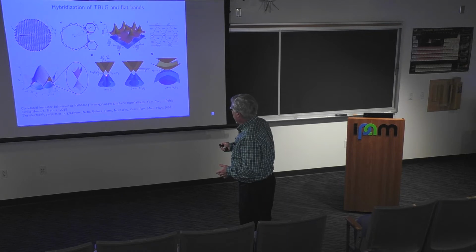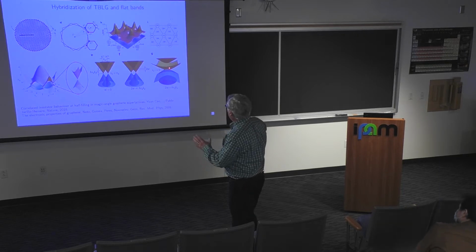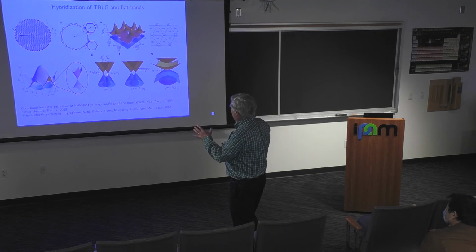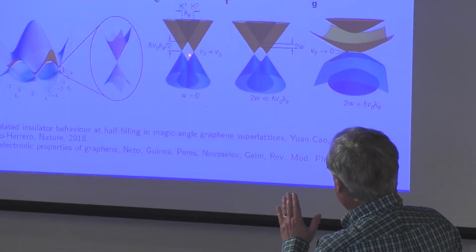And now if you add the hybridization, what you see is that this point shifts down, because you're hybridizing here. And then eventually there's a balance, so there are 2 parameters. One is the twist angle, which gives this distance from this intersection point down to the Fermi level.